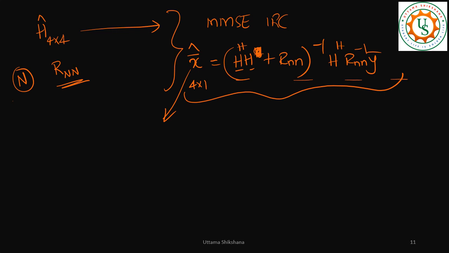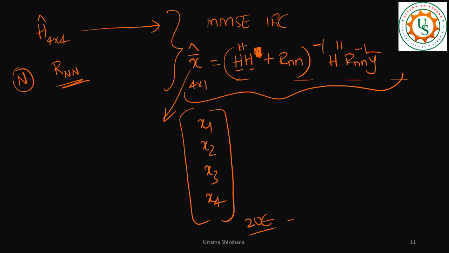Now this is like x1, x2, x3, x4. How would I know that, because we have done the MMSE in a combined way for both the UEs, considering two layers? How would I know that these two belong to UE number one and these two belong to UE number two?